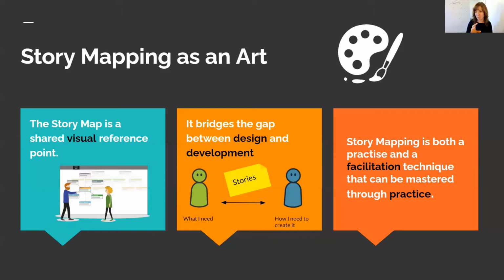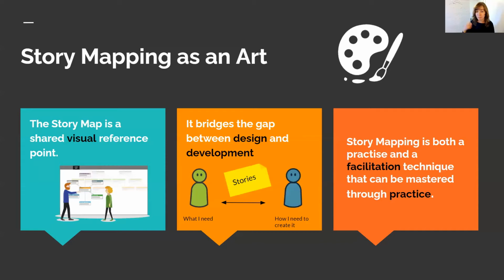So what story mapping does as an art is it creates a shared visual reference point for your team and for stakeholders on the project or on the product that needs to be developed. If you have it in your physical office, you could have it displayed so that other people can come and see. If you have it in a software tool, you can invite people in so that it can be something you can refer back to as you develop.